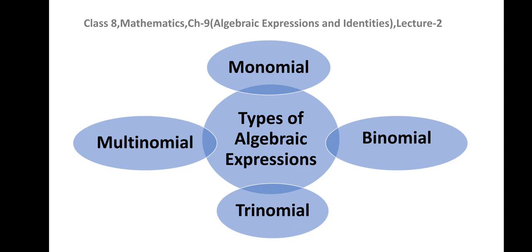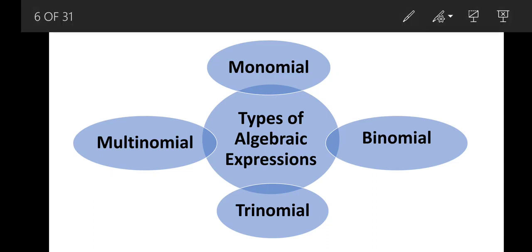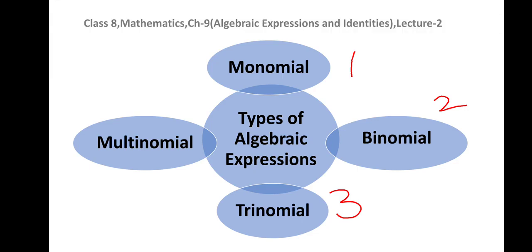An algebraic expression having only one term is a monomial. An algebraic expression having 2 terms is a binomial. An algebraic expression having 3 terms is a trinomial. And a multinomial is an algebraic expression having 2 or more terms.